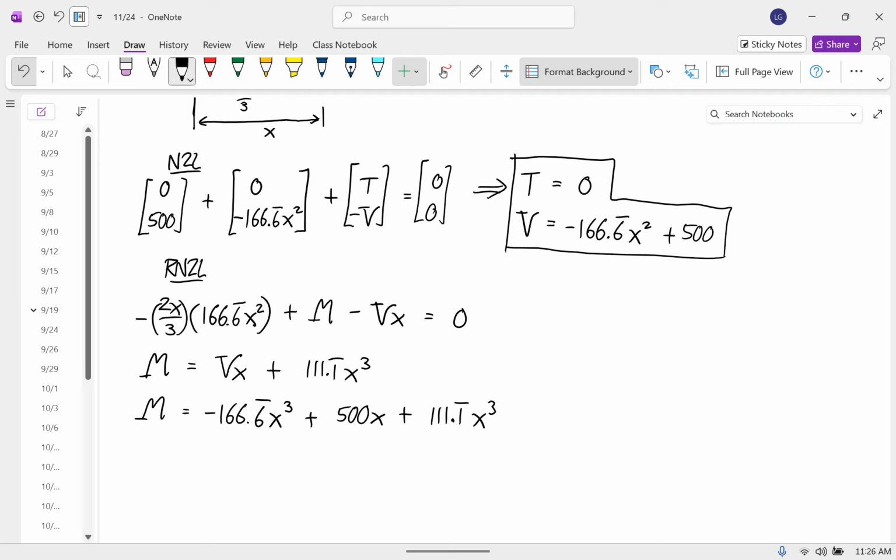That comes from this first term right under Rn2L. So 2 times 166 is 333, divided by 3 is 111. And now you get some cancellations here, and we come up with a function m that's equal to negative 55.5 repeating x cubed plus 500x.